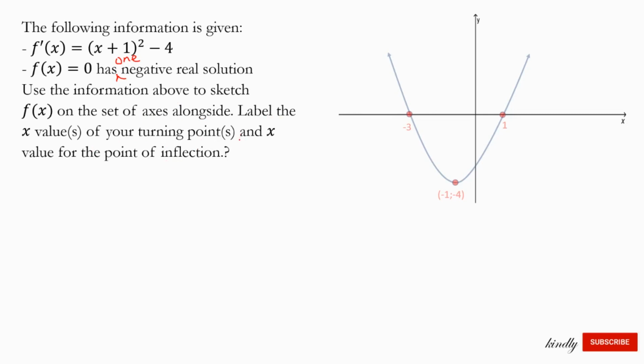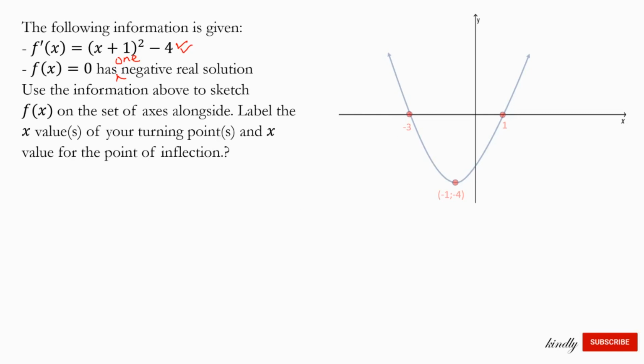In question 10b1, we managed to sketch the graph of the derivative function. We have to remember that the derivative of a cubic function is quadratic, and the derivative of a quadratic function is linear.